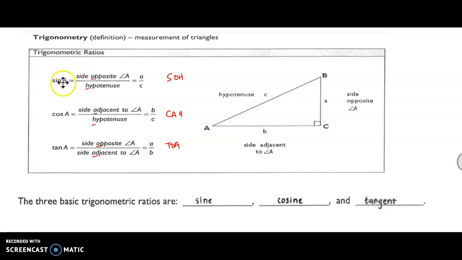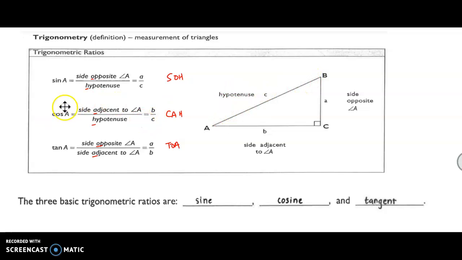And the sine of A, capital letter, means the degree or the angle. So this trig ratio means the sine of A is going to be the opposite side from that angle over the hypotenuse, okay?